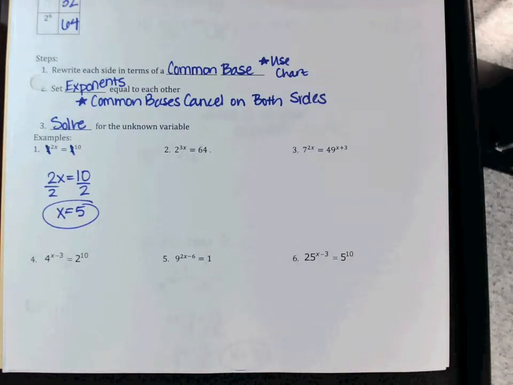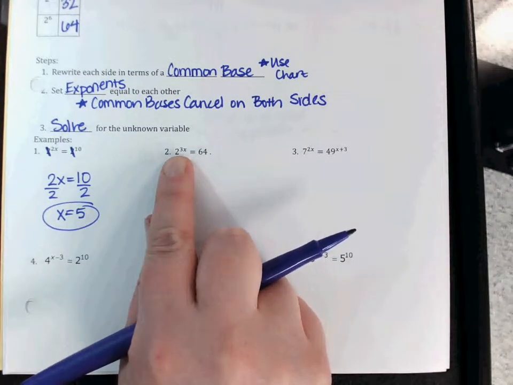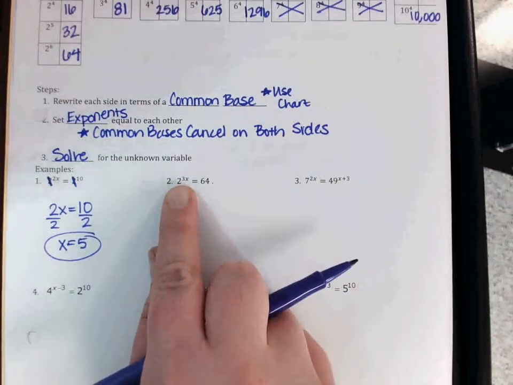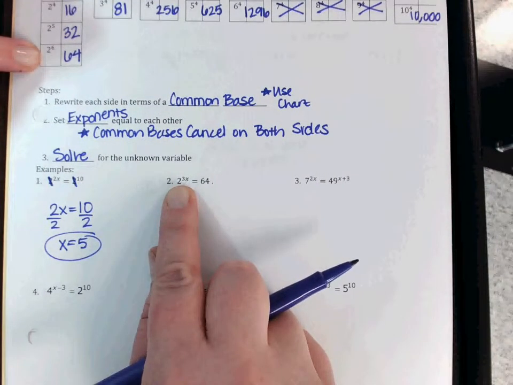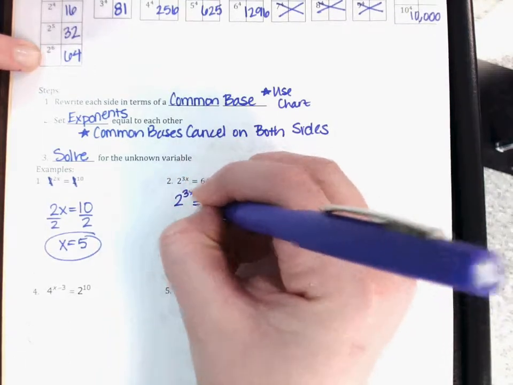Number 2 does not have a common base. We're going to use the chart to fix it. So look in your 2 chart. Now, let me answer this question. On this side, I have a 2. That's how I know to look in the 2 chart, is that I need them to match. Okay, so do you see right here? What is 64? So I'm going to write 2 to the 3x is 2 to the 6.